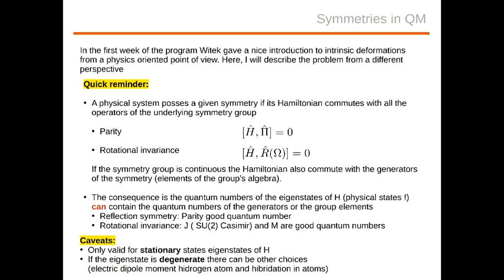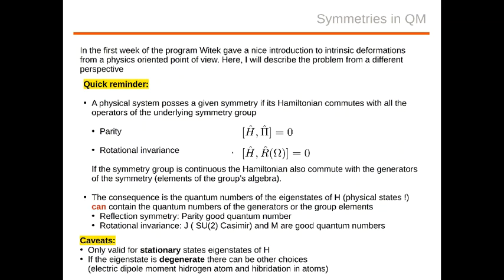The same happens with rotational invariance. In this case, things are a little bit more involved because the symmetry group is not abelian. Then one has to deal with some peculiarities of this algebra, and the quantum numbers are the angular momentum quantum number and the third component of the angular momentum along the z-axis, right? There are a couple of things that have to be taken into consideration.